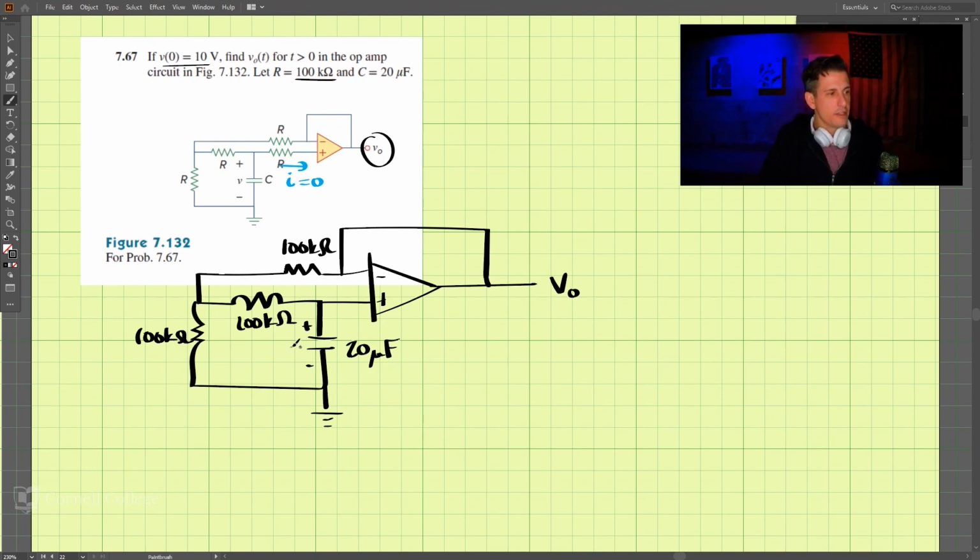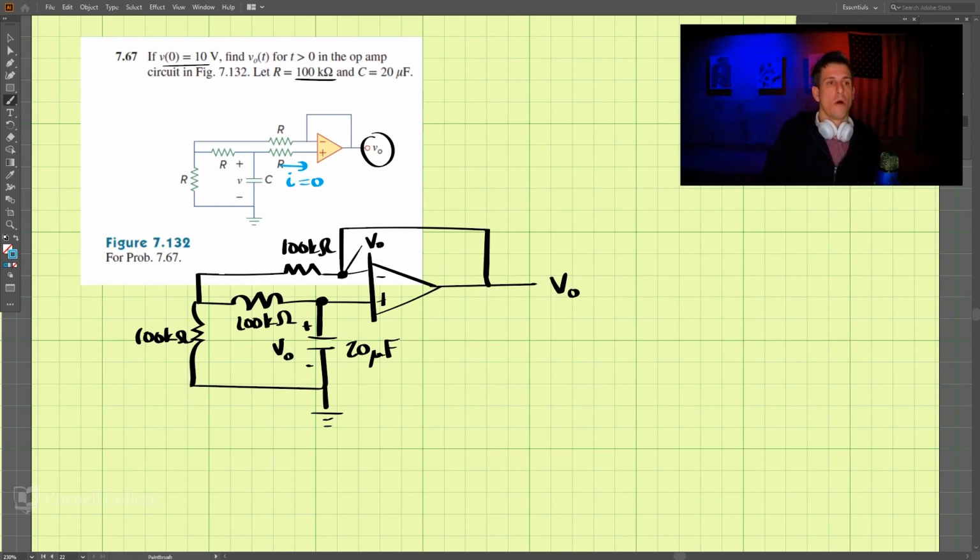And we know that the voltage here must equal the voltage here. These two must be equal, and we know that this is V naught. These are connected, so this must also be V naught, this voltage here.